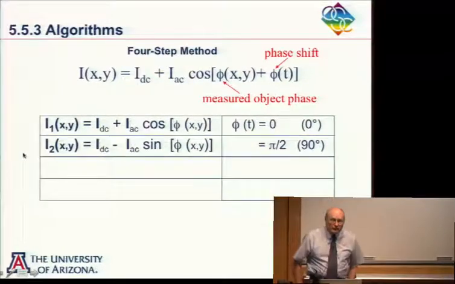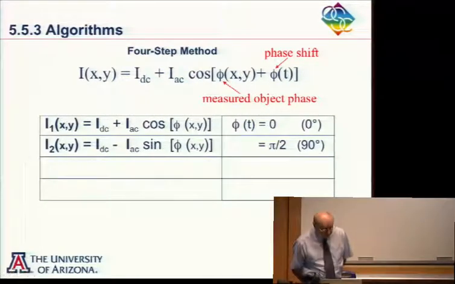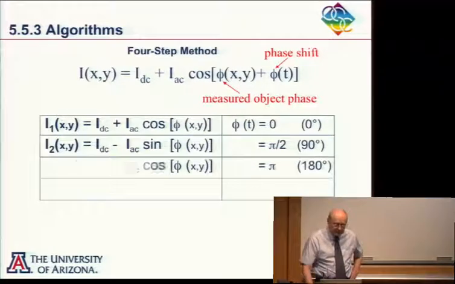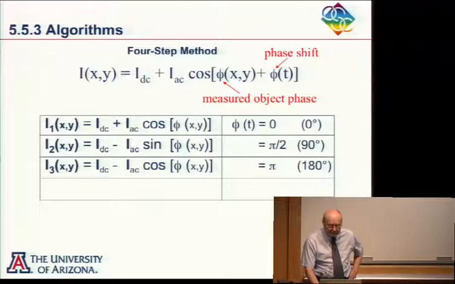Again, this falls on our detector array. We'll read it out and store another 1,000,000 data points of the irradiance. Change by another 90 degrees, put 180 in here, so now this becomes a minus cosine. We read that out and store it in memory.